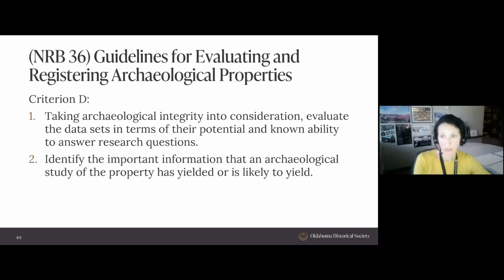Taking archaeological integrity into consideration, we need to evaluate the data sets in terms of their potential and known ability to answer research questions. And we need to identify the important information that an archaeological study of the property has yielded or is likely to yield.